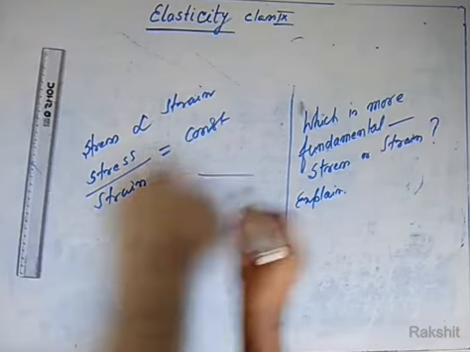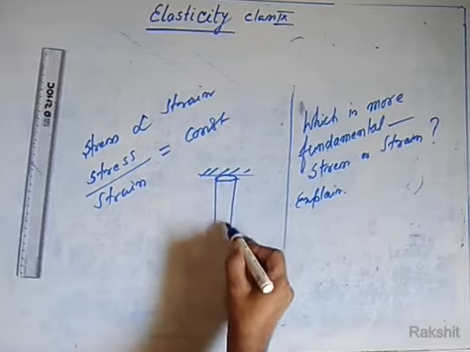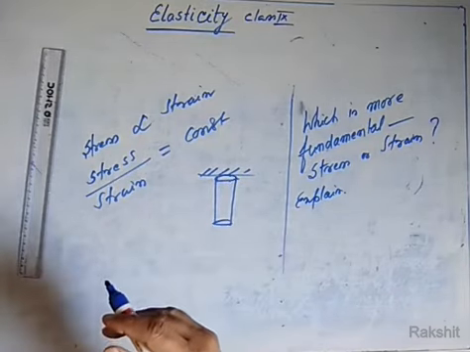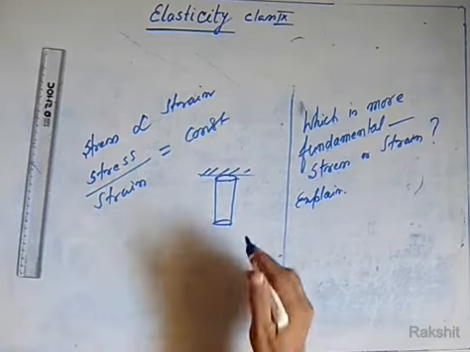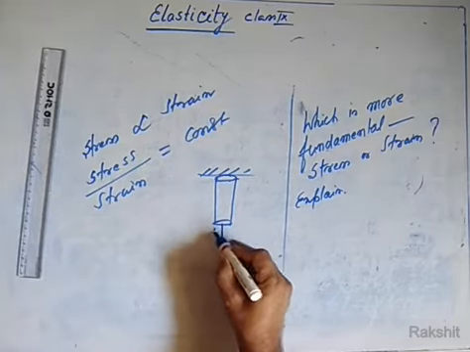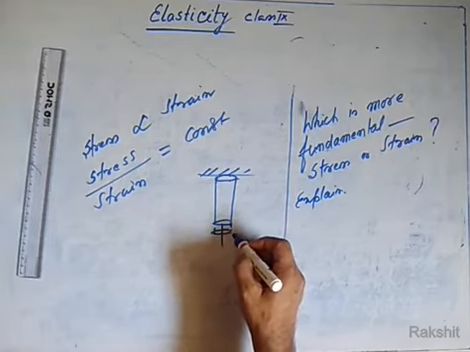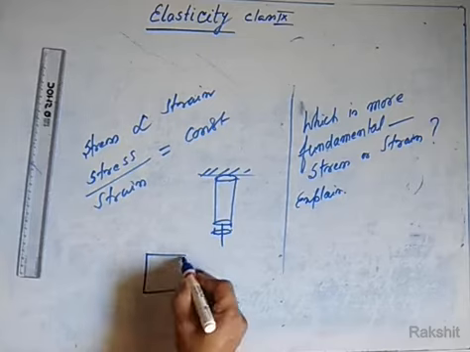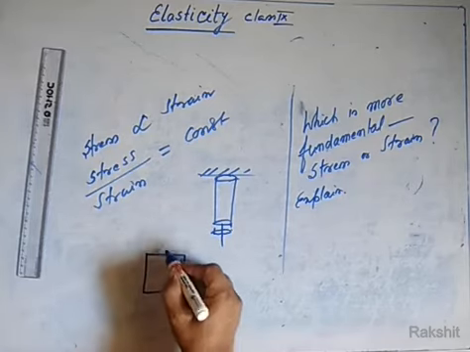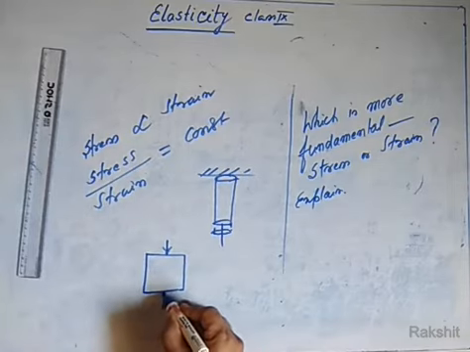When we consider the case of elongation or the case of contraction, you may take your rubber eraser, and from two opposite ends you are pressing this like this.